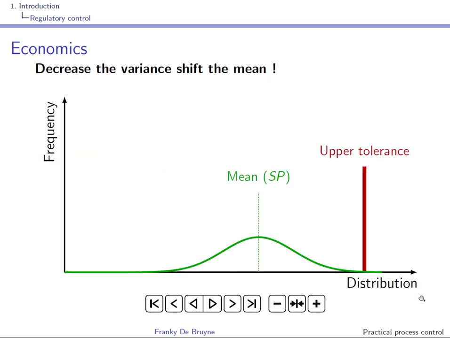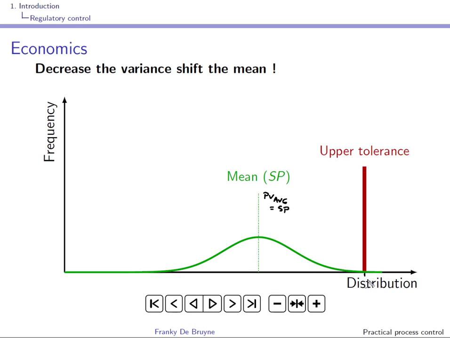You can also see this in terms of the frequency or probability distribution. This line corresponds to PV average. If your controller ensures a zero steady state error, this will correspond to the set point.